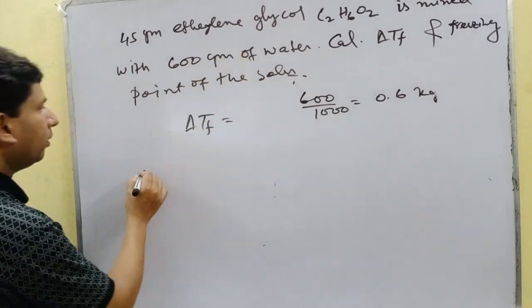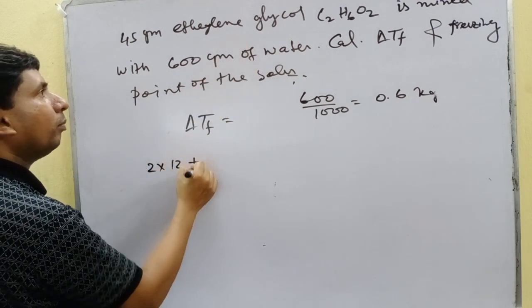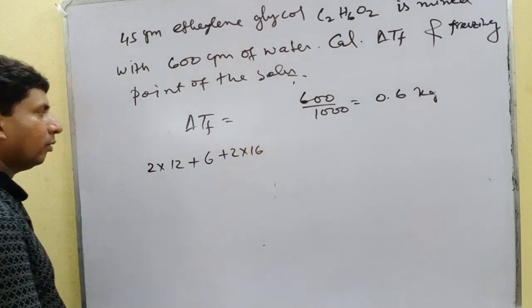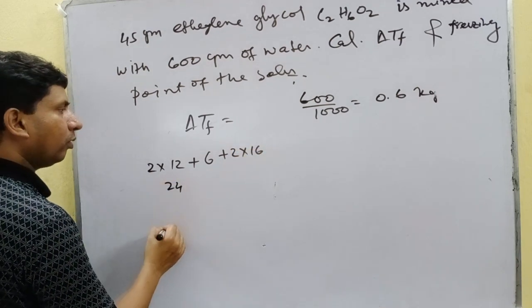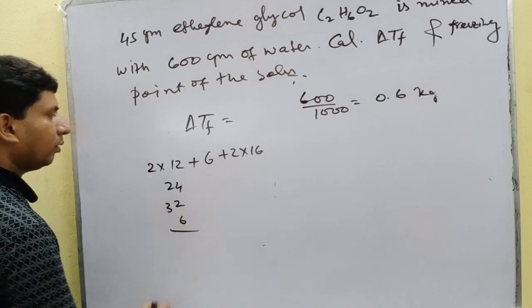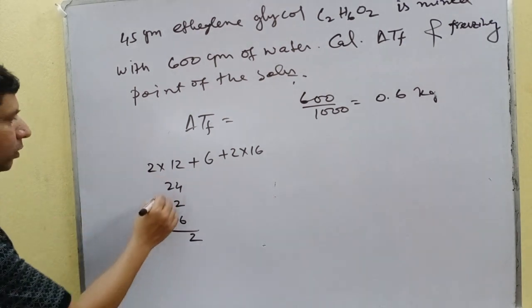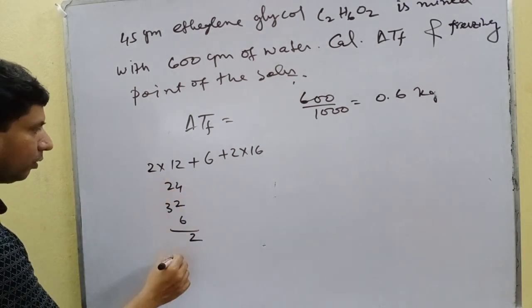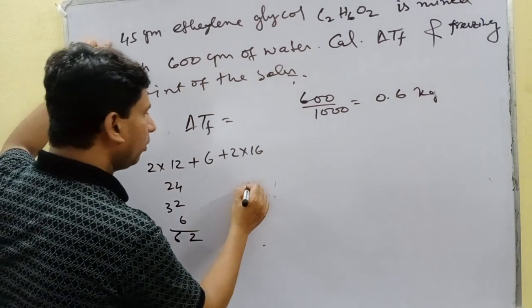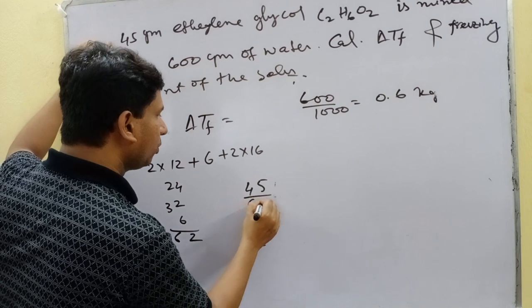We can calculate C2H6O2: 2 into 12 plus 6 plus 2 into 16, that means 24 plus 32 plus 6, that is 62. So 45 divided by 62.